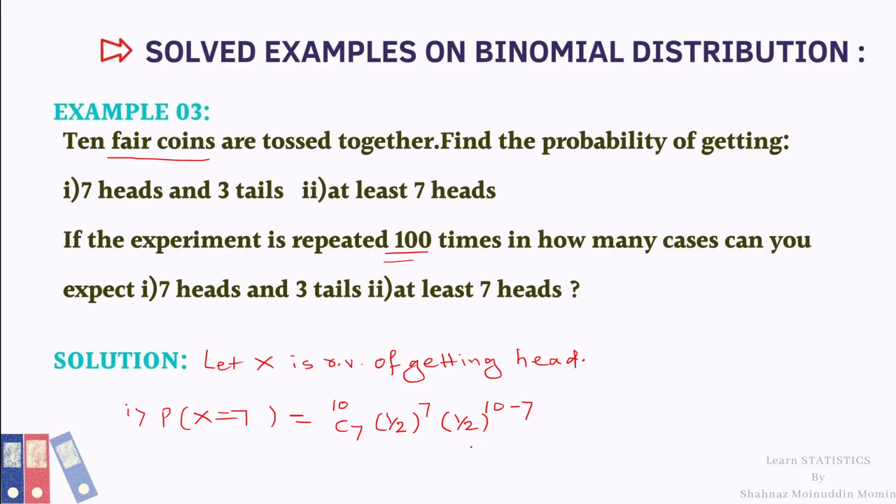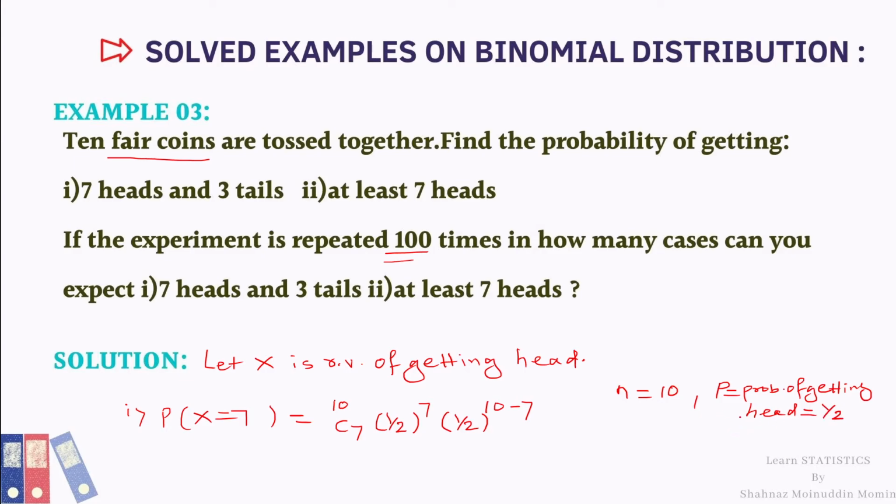Here we take n equal to 10, which is given, and p equal to the probability of getting head, as we know, which is 1 upon 2.